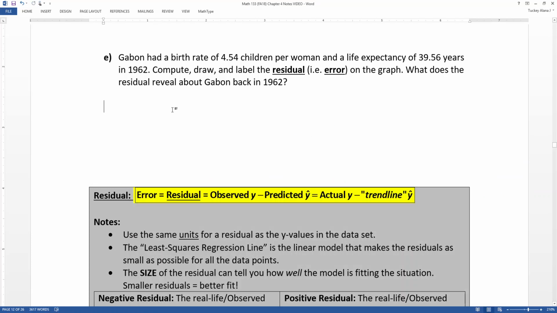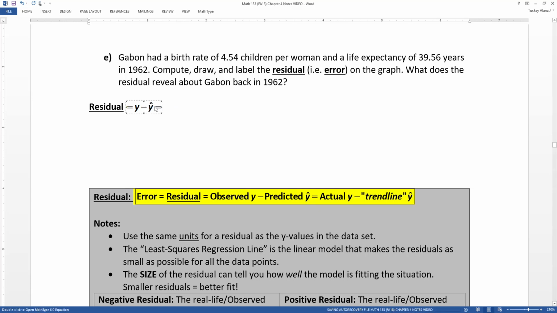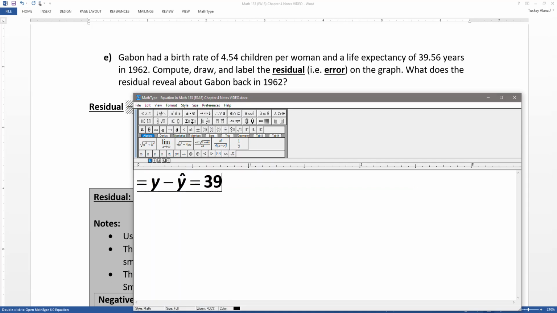Okay, so if that's the case, then our residual for Gabon will be the y minus the y hat. Now the y was from reality, which was really 39.56, minus our prediction, which was 60.3. Now you'll notice that the units for these are years, right?